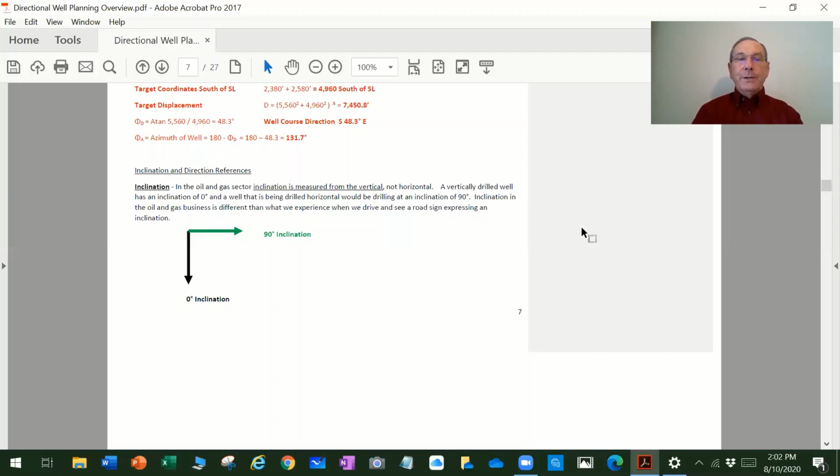Inclination in the oil and gas business is different than what we experience when we drive and see a road sign expressing an inclination. If you're driving on a highway, inclination is typically measured from the horizontal, but we measure our inclinations from vertical, as this diagram shows here on the bottom.